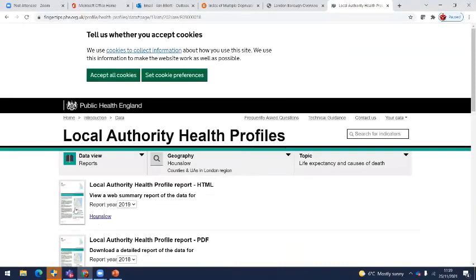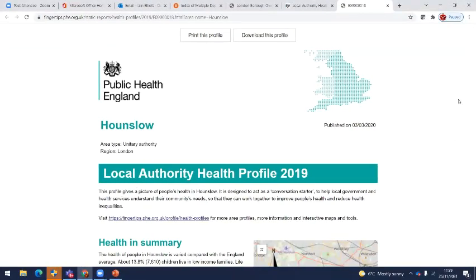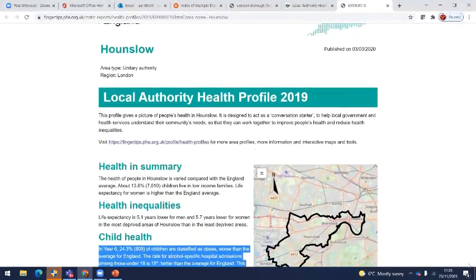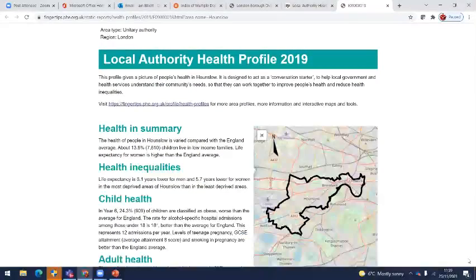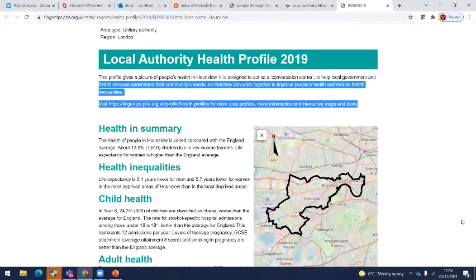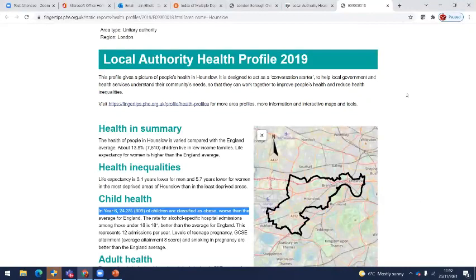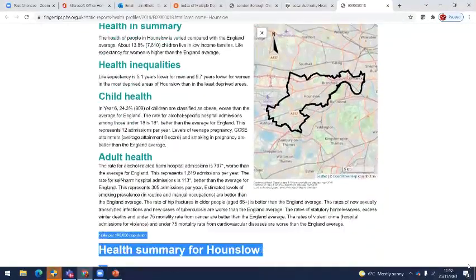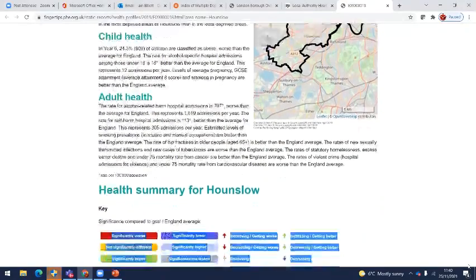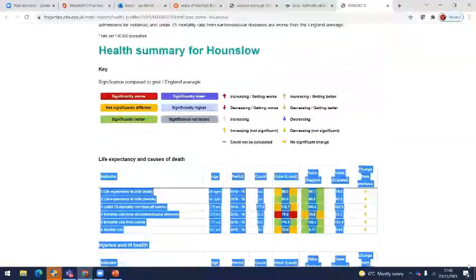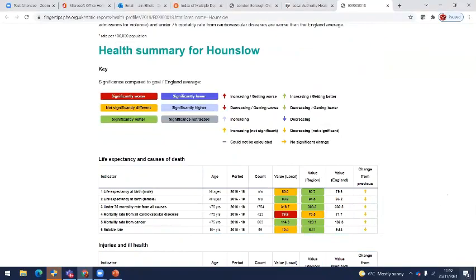This one was produced in 2019. It has information on things like, it's not letting me scroll down for some reason, the adult health, child health, life expectancy.